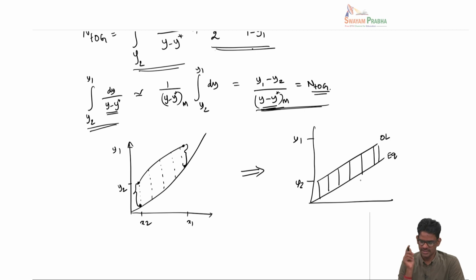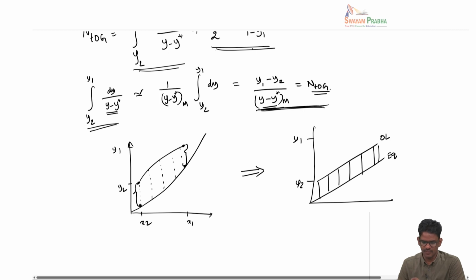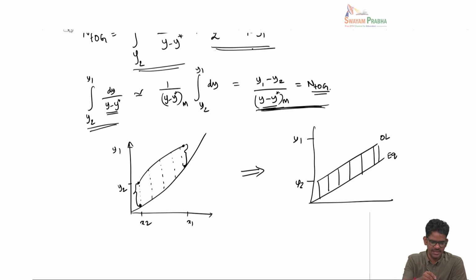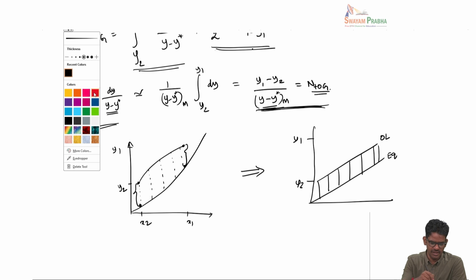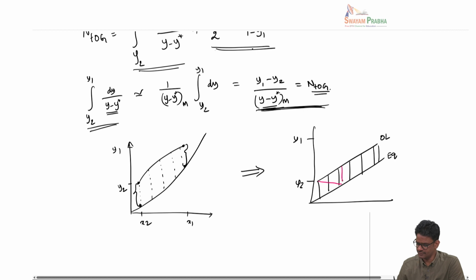So then by this formula, what we can say is the NTU that we are talking about is nothing but the number of steps I can draw here. This is 1, this is 2, and so on. What does this step mean?